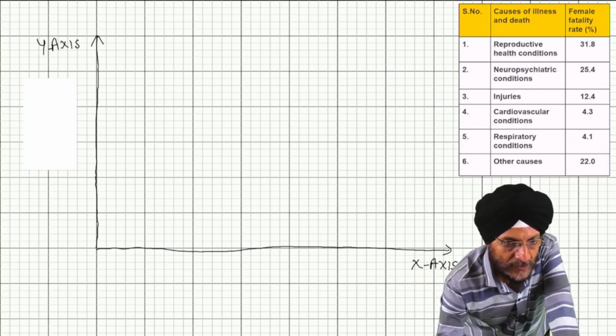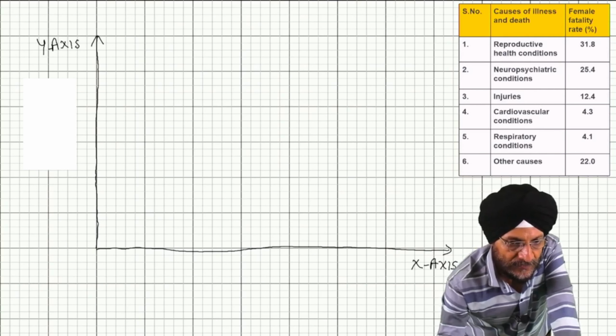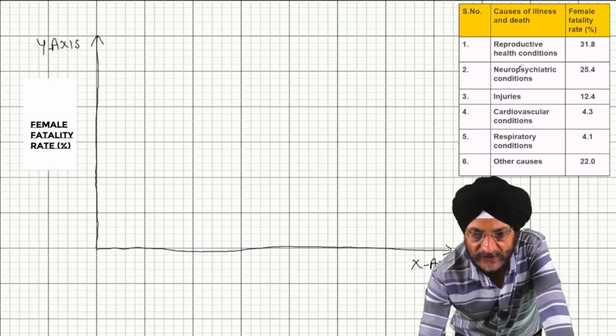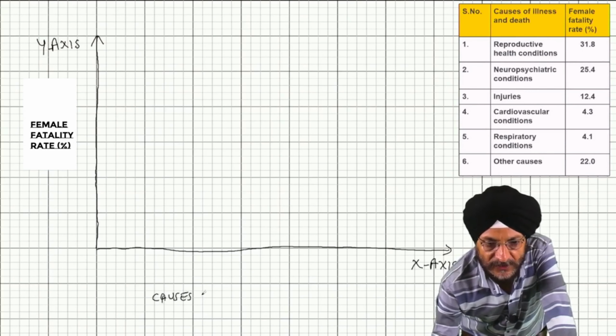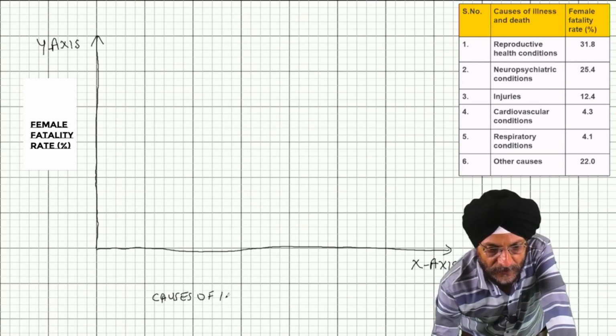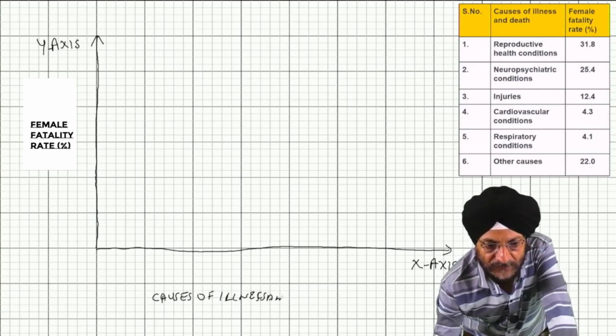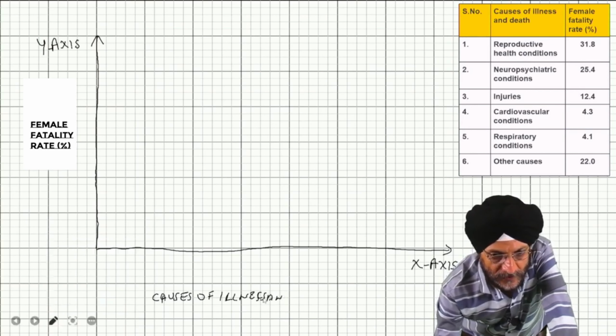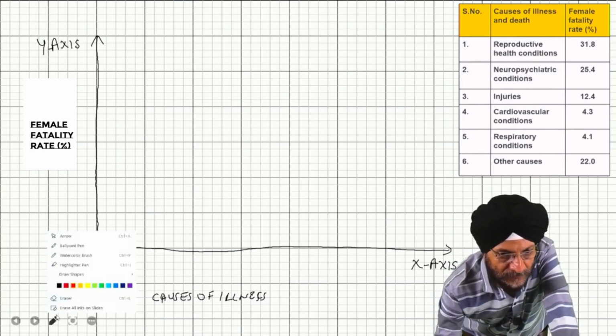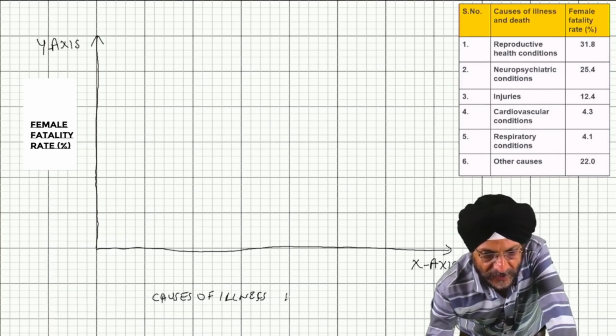female fertility rate, and these are the causes of illness and death.